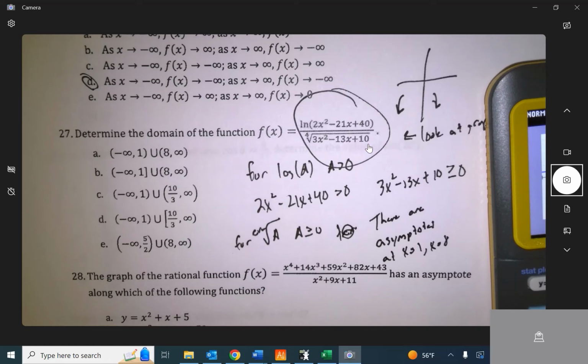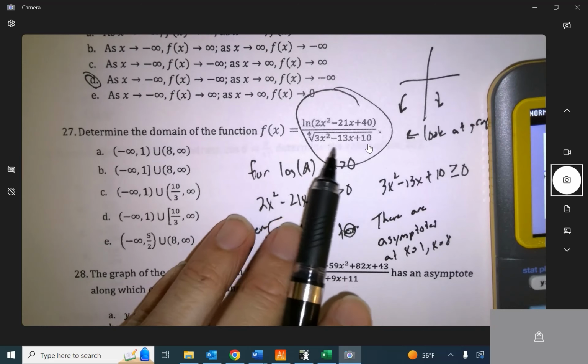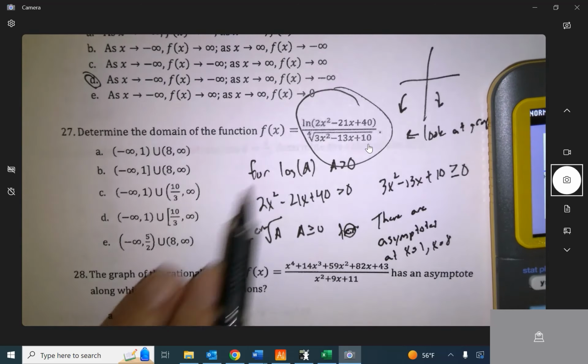Now, that does not necessarily mean that I'm choice B. Or does it? If you plugged in a 1, you'd be taking the even root of a negative. My guess is this 5/2 probably comes from there.